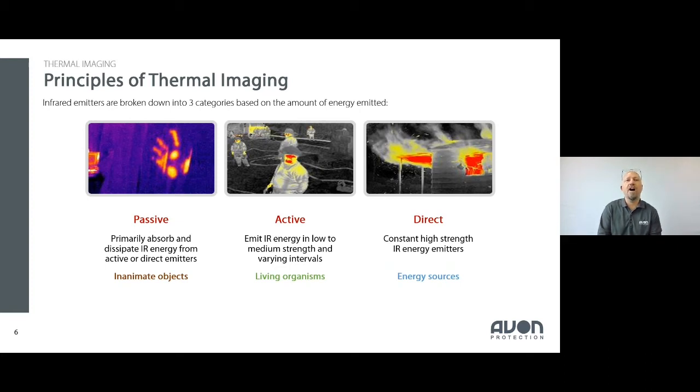But the highest energy source, of course, and what we're probably most interested in, is what we call constant high strength emitters, and that would be fire. And these, like the sun, like a naked fire, give off huge amounts of infrared energy and lots of contrast because of that. And so you can see those direct emitters very clearly on a thermal imaging camera.